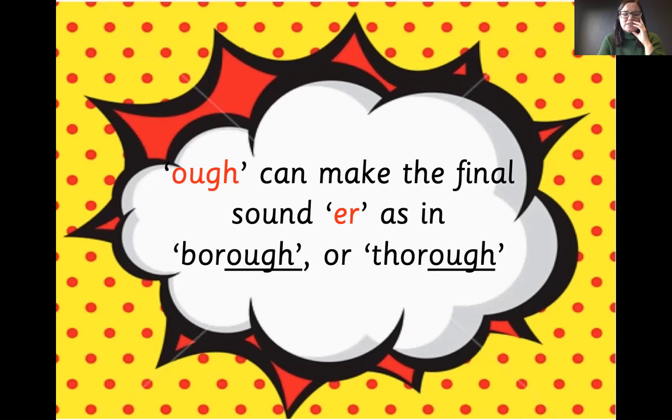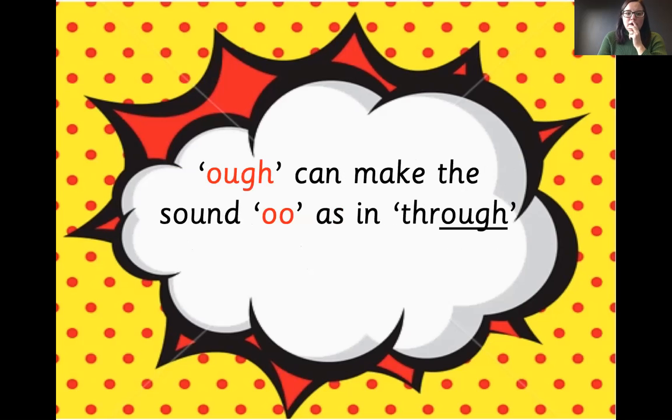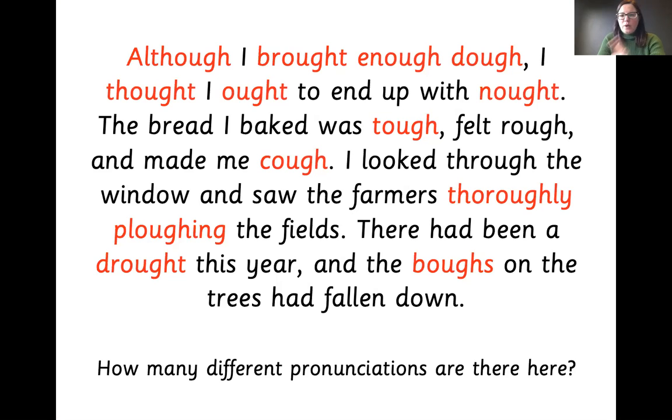O-U-G-H can make the final sound uh as well, as in borough or thorough, okay? And lastly, O-U-G-H can make the sound ooh, as in through. Okay, so that is a really quick rundown of all the different sounds that it can make.